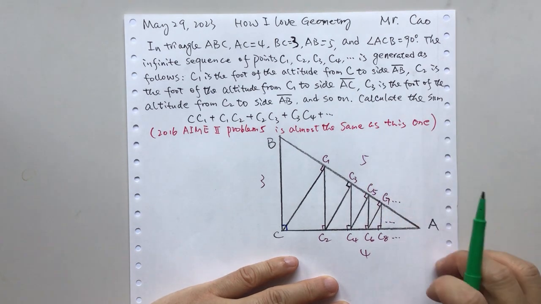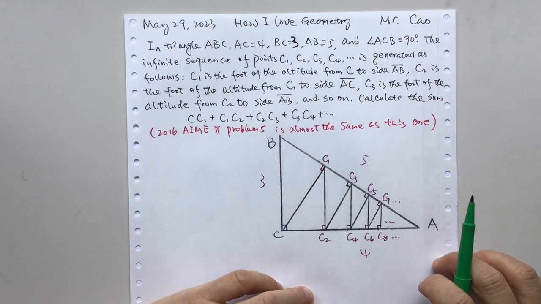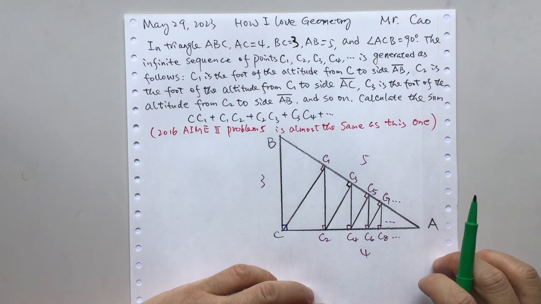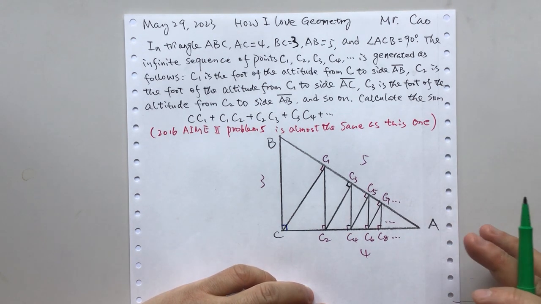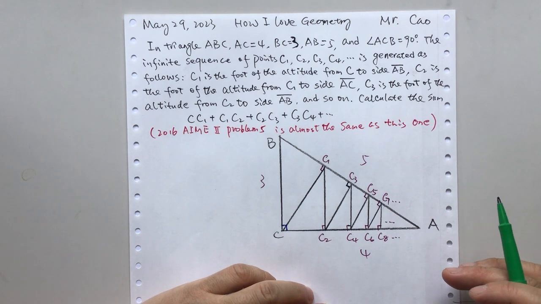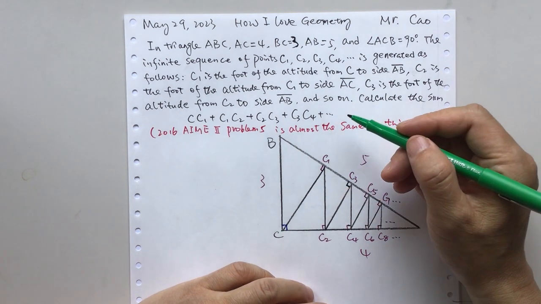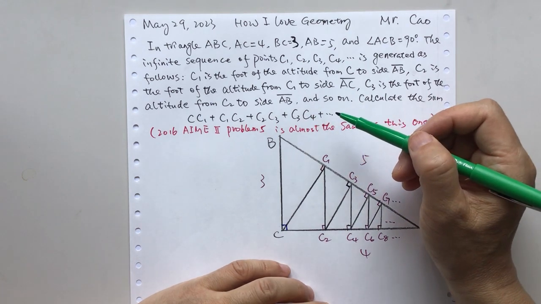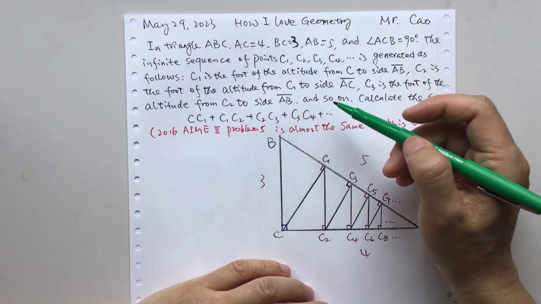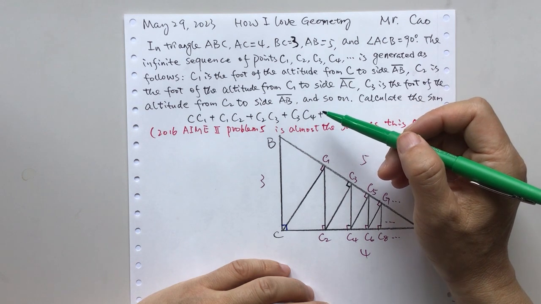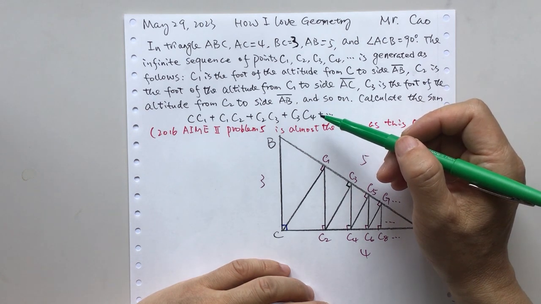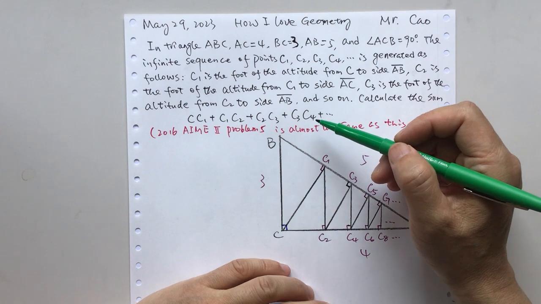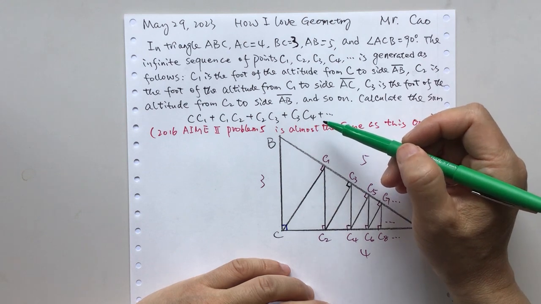So for this type of problem, what's the most important? Yes, of course, we should find the pattern to represent each term. Regularly, this should be a geometric sequence and the common ratio less than 1.